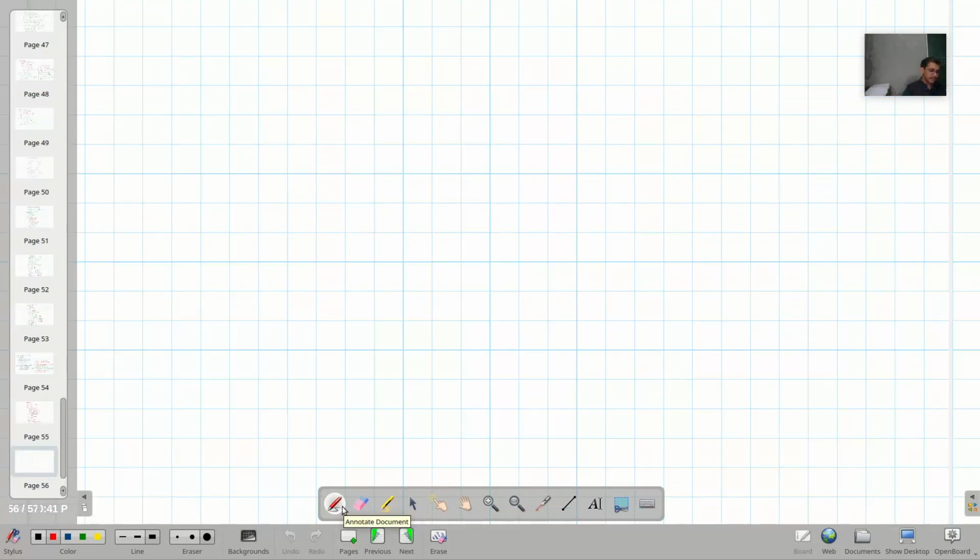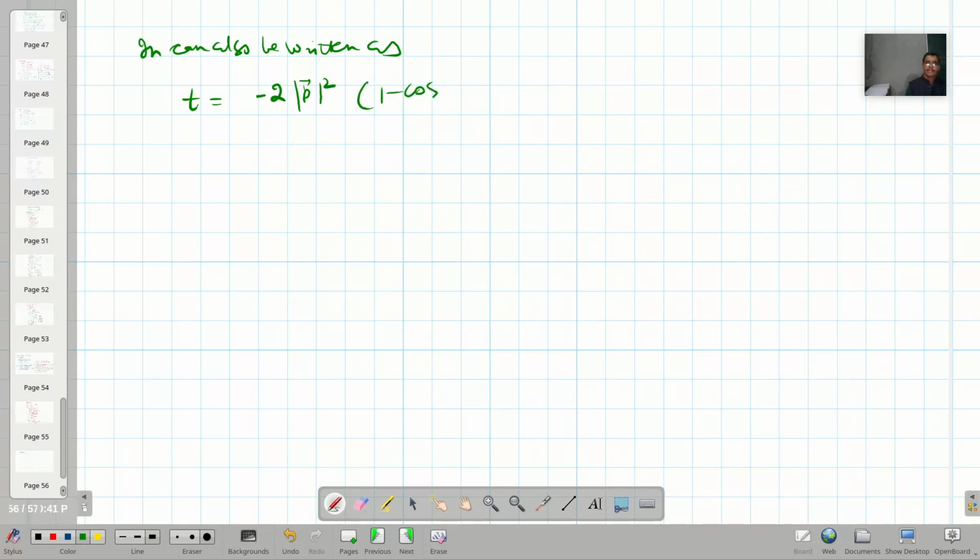And there is another way to write it. It can also be written that t is equal to minus 2 mod p square times 1 minus cos theta, and 1 minus cos theta can be written as 2 sine square theta by 2.